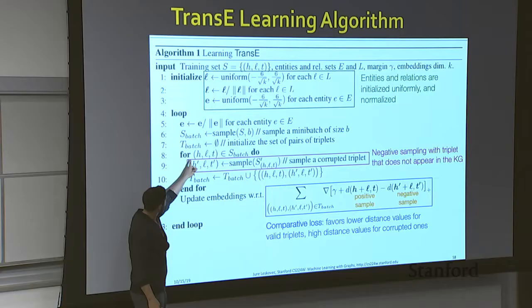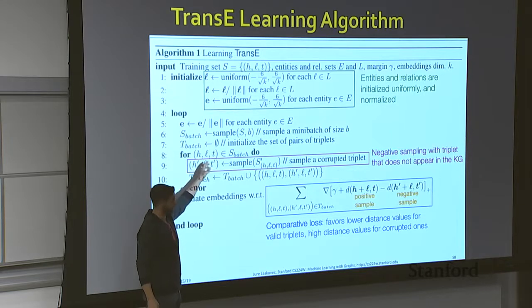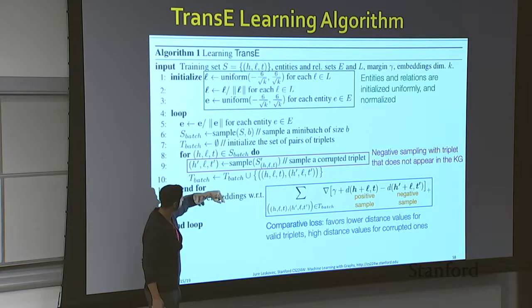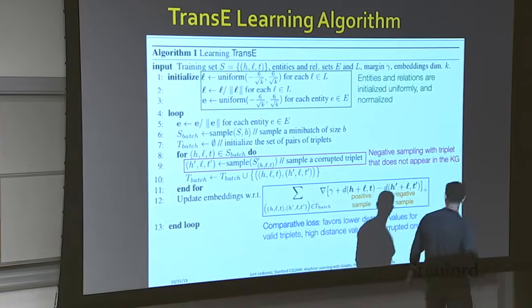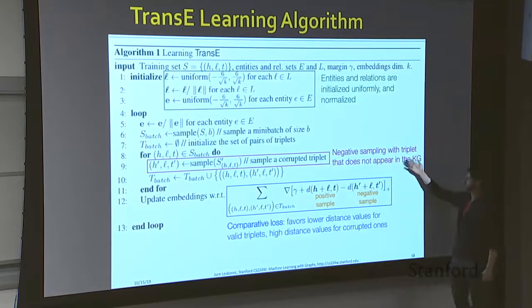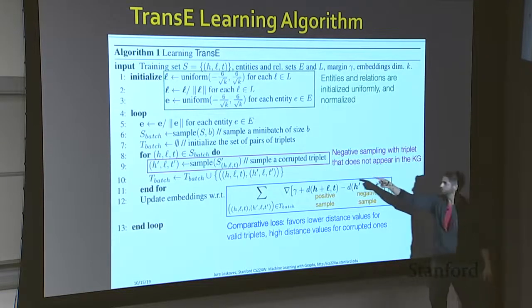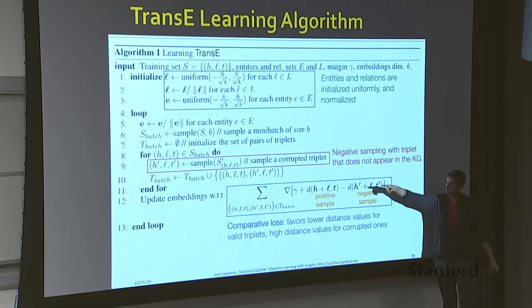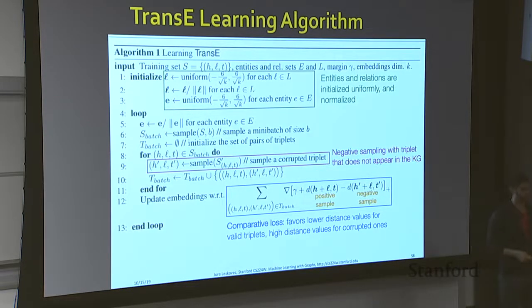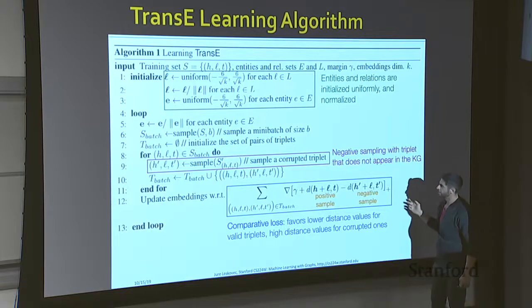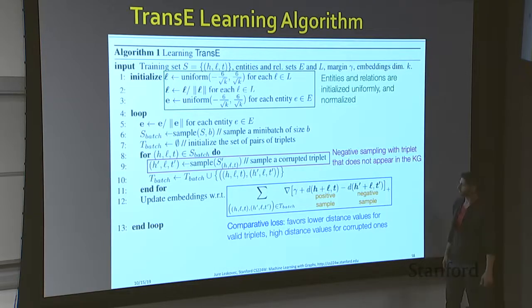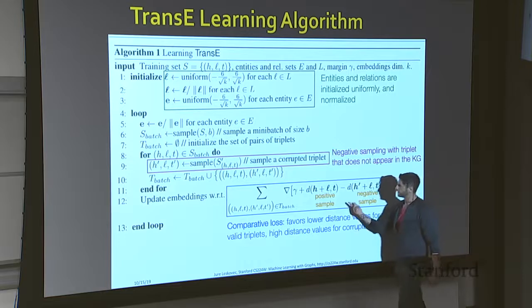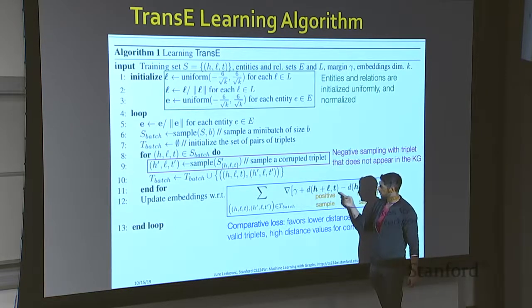And what we do is, for every triplet that actually exists in our knowledge graph, so this is a valid triplet, okay, head, relation, and tail entity, we also sample a corrupted triplet. In terms of what we were talking about before, a corrupted triplet is like negative sampling. So we try to get a triplet that doesn't exist. We basically either replace the head or the tail with another random entity in our knowledge graph, okay? And the way in which we then update our embedding is similar to the optimization functions we have seen before, for example Node2Vec: we give weight to a positive sample.